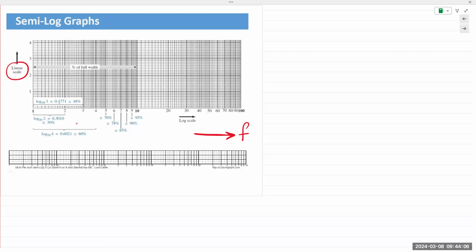As an example, if I started with 10 raised to 1, my first marker would be 10 hertz. The second one would be 20, then 30, 40, 50, 60, 70, 80, 90, and then 10 raised to 2, which is 100. So I'm plotting 90 data points, if I wish to, in a very small portion of my chart.